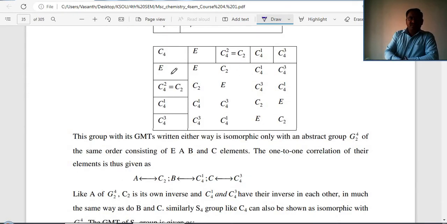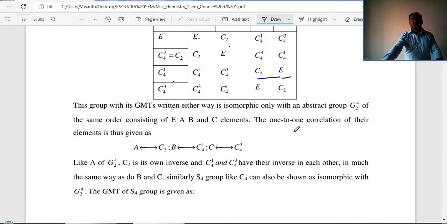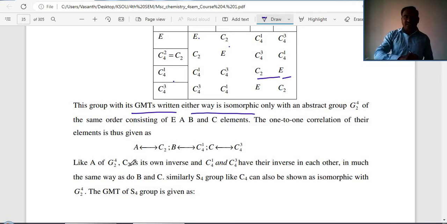Similarly for C4: E into E, E into C2 is C2, C4 dash into C4 dash, what we are getting here is C2, C4 into C4 3 is identity, like that.